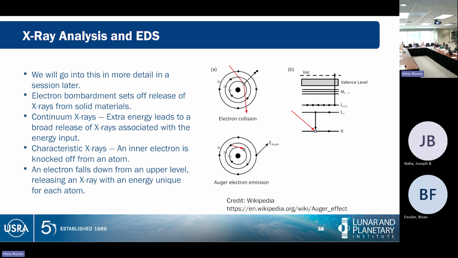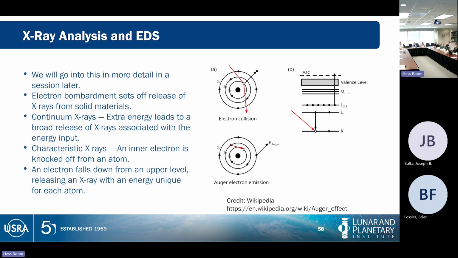Electron bombardment sets off X-ray release from solid materials. There are 2 versions of this. Energetic electrons slowing down as they enter materials just give off X-rays. Atoms interact with electrons in a specific way.